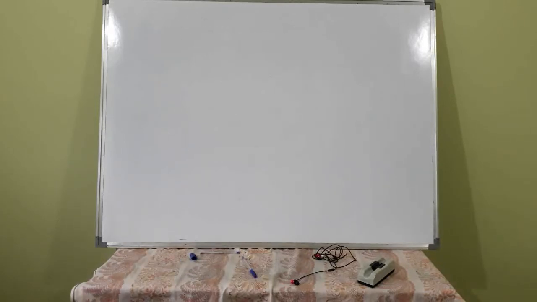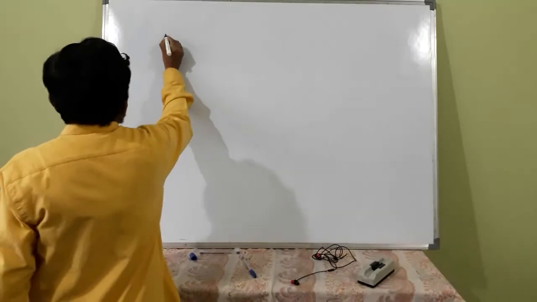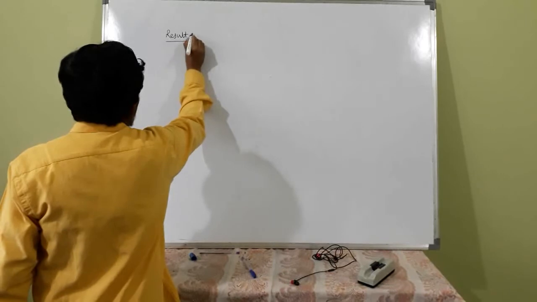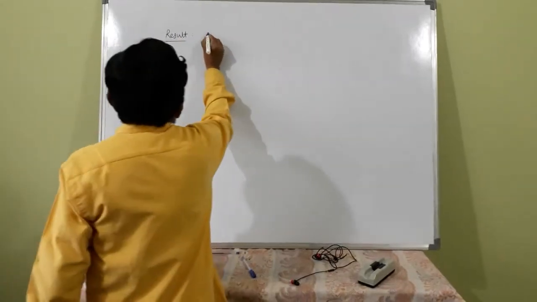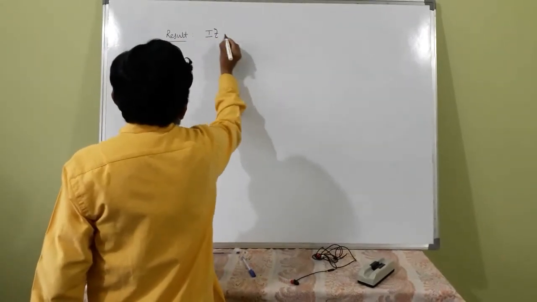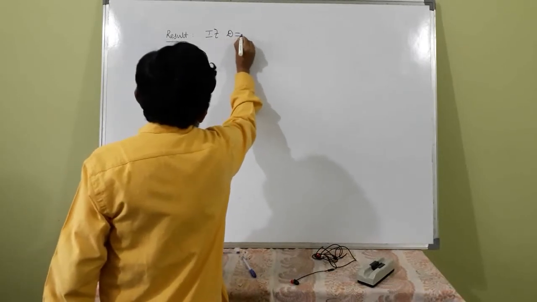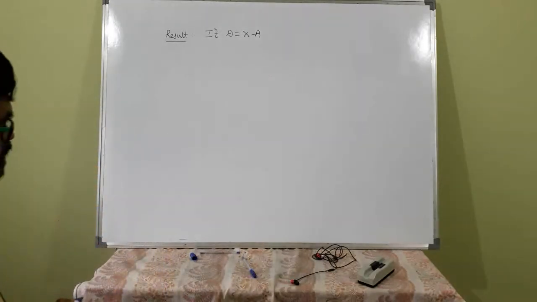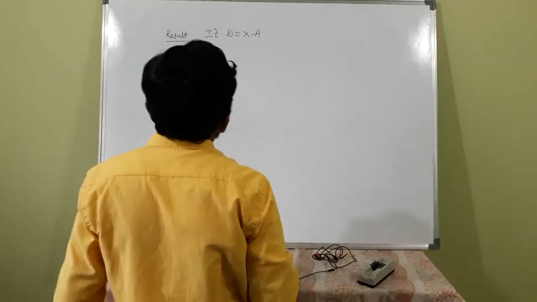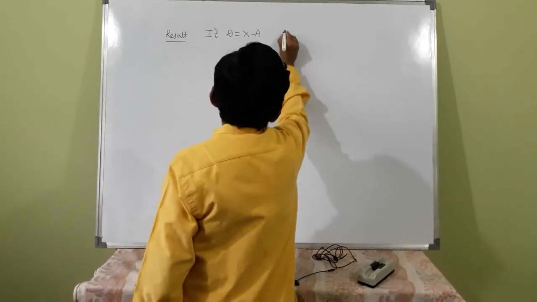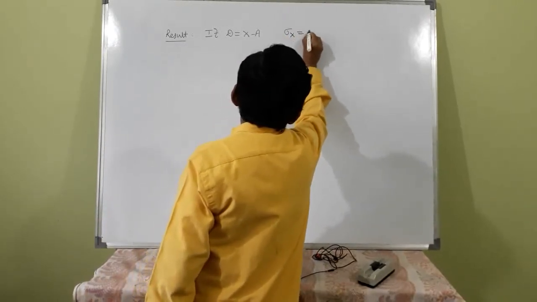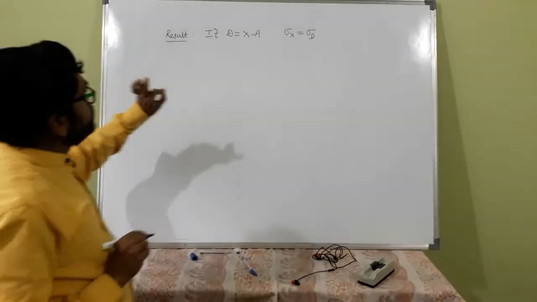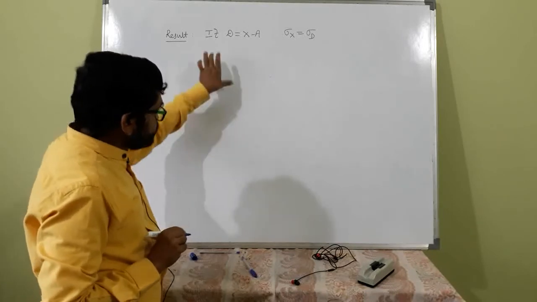One more result you have to remember: if d is x minus a, the deviation, then the standard deviation of x is equal to the standard deviation of d. You got it? Suppose you want the standard deviation of some given values.